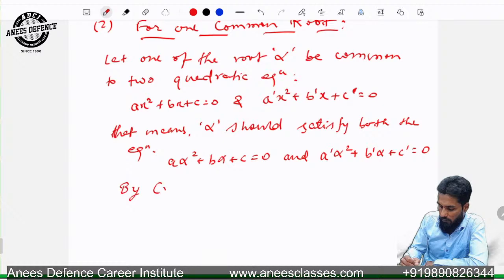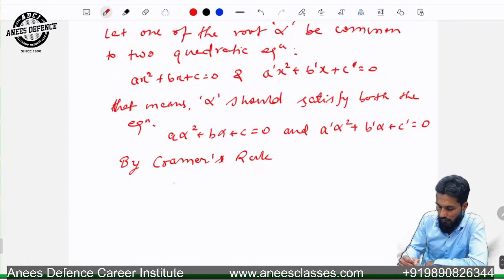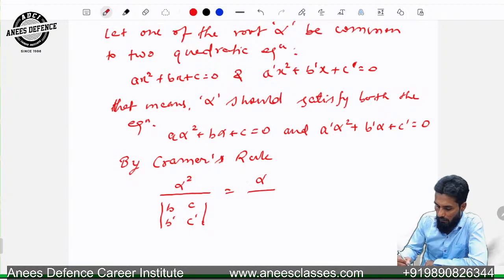By Cramer's rule, we can write the equations as alpha square divided by the determinant of b, c and b dash, c dash, equal to alpha divided by, if you take minus alpha that is also fine, if you take simply alpha then you need to write the determinant value as c, and then c dash, and below it a and a dash.